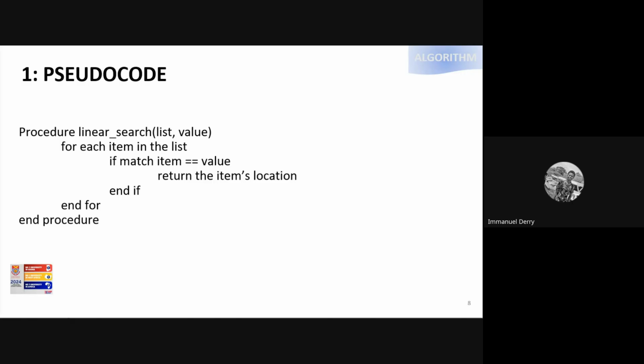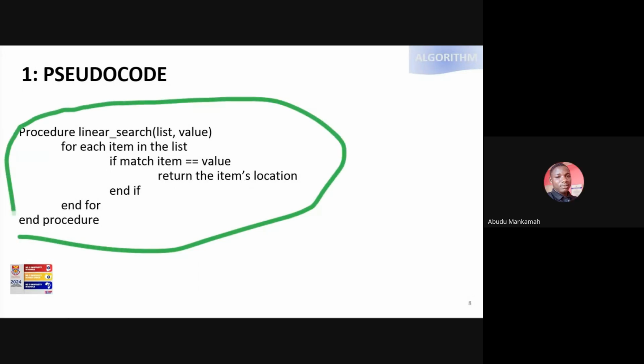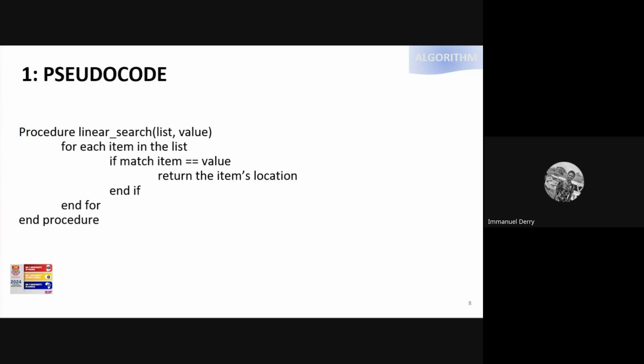That is why you are seeing very much familiar words in here, like procedure, linear search, for each list, and the rest, right? However, this pseudocode is relative to what we just did earlier, searching for 33 in a list, right?